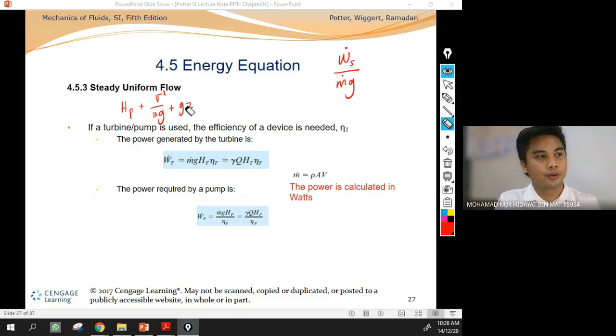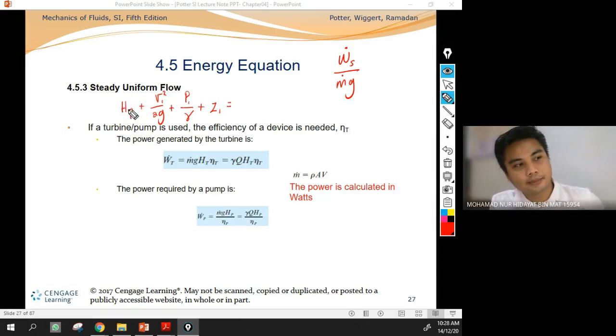We have P over gamma plus Z1 equal to, remember that this is pump positive, and if there is the turbine, negative, H of turbine.